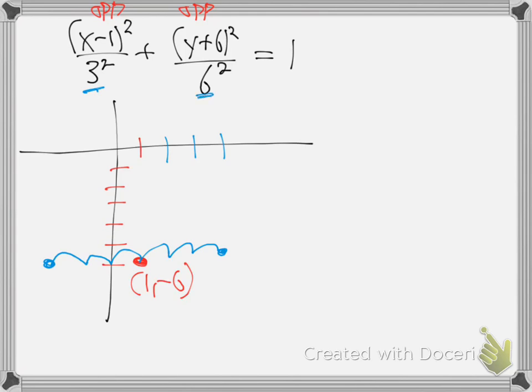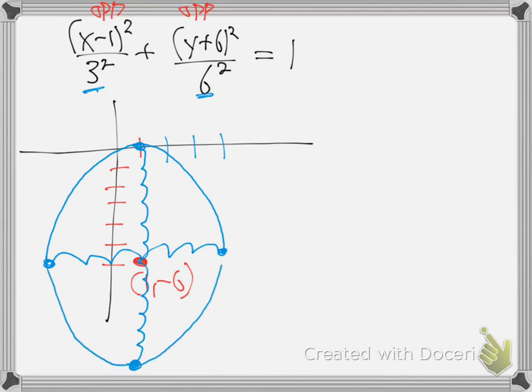So up and down 6. 1, 2, 3, 4, 5, 6. And then we can make our oval. Like that. That good? Yes.